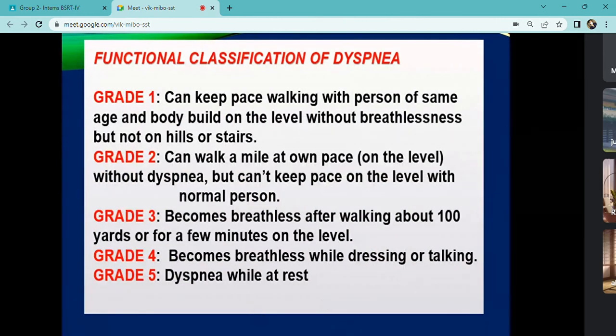Okay, so we will continue our discussion of patient assessment tomorrow. Dito na tayo sa slide ng functional classification of dyspnea. Okay? So I hope that you've learned dito sa ating first, medyo marami na rin na slides ng ating patient assessment, including our overview of the respiratory systems and yung ating mechanics of breathing.